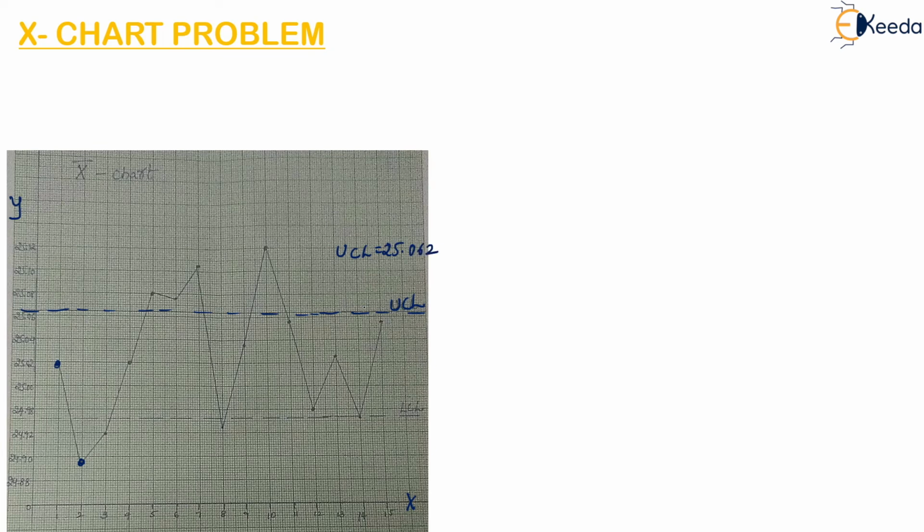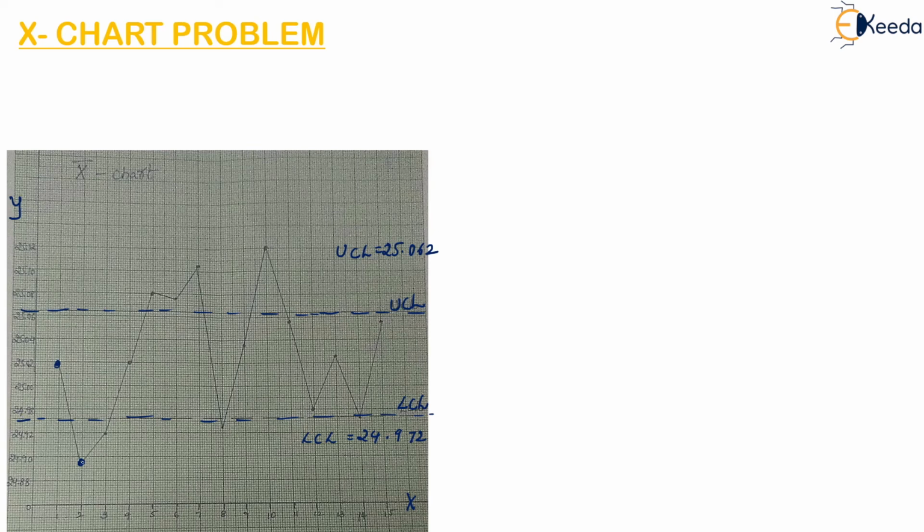Okay, so here the UCL lies, and here there is LCL, that is the lower control limit, which is marked here. So LCL is 24.972. So I have marked it here.